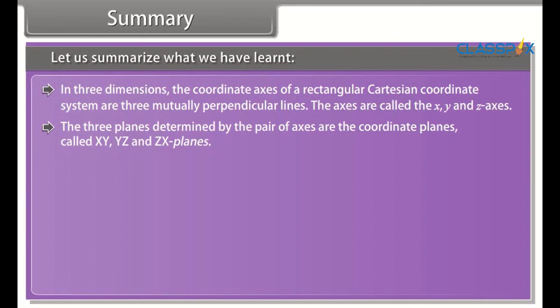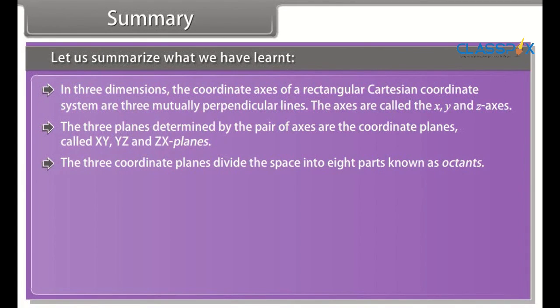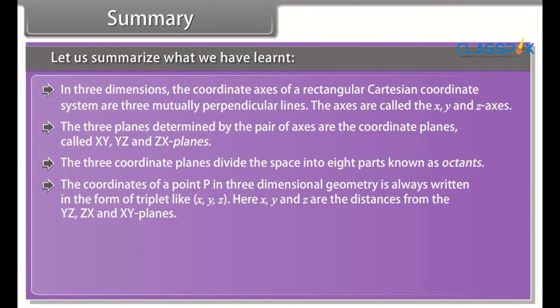The three coordinate planes divide the space into eight parts known as octants. The coordinates of a point P in three-dimensional geometry are always written in the form of a triplet like (x, y, z). Here, x, y and z are the distances from the yz, zx and xy planes.